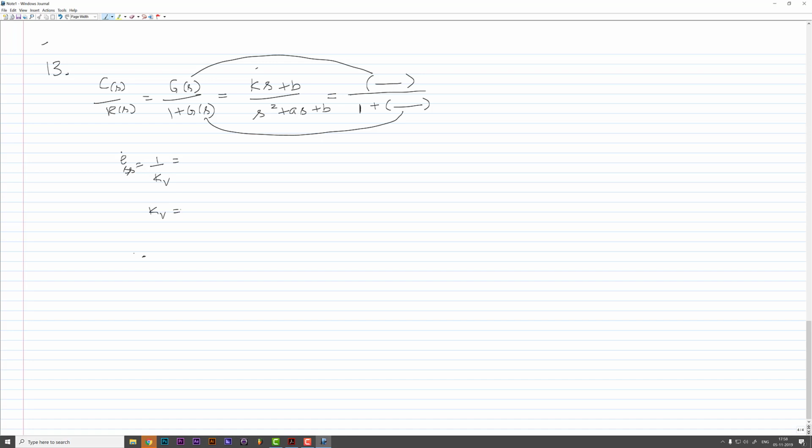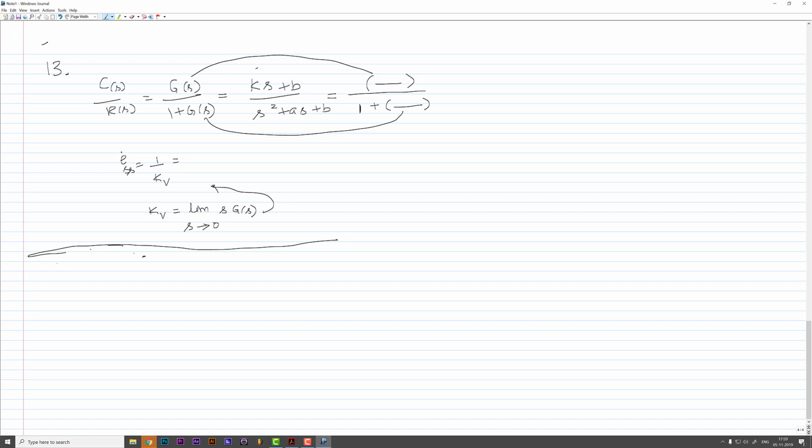Kv is equal to limit s tends to 0 of s into G of s. All right. So you just get Kv. Then once you get Kv, you can put it here and find that expression. You should get it as A minus K by B. That's it. So this is how we have to proceed.